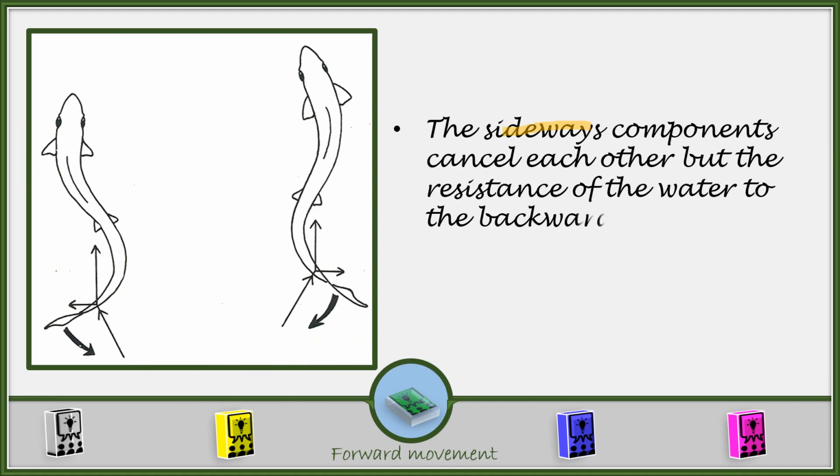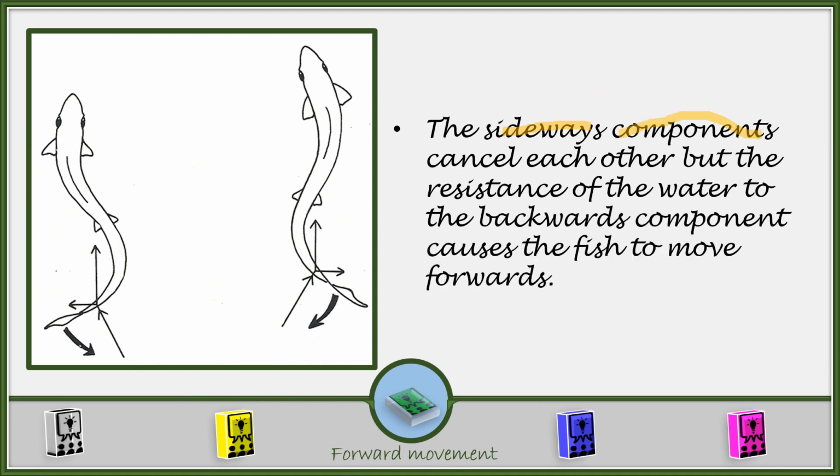The sideways components cancel each other. But the resistance of the water to the backwards component causes the fish to move forward. So these two forces, the components, are going to cancel each other. This force here moving in that direction and this force here, they are going to cancel each other.